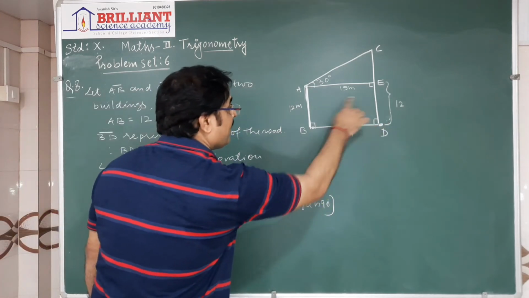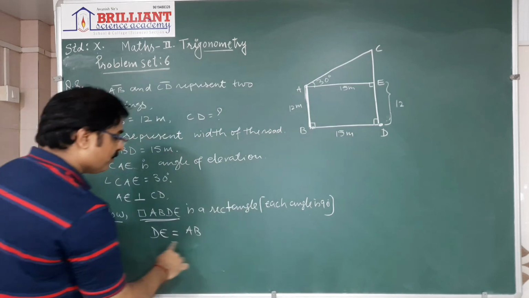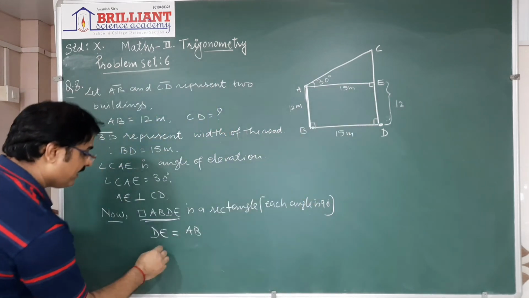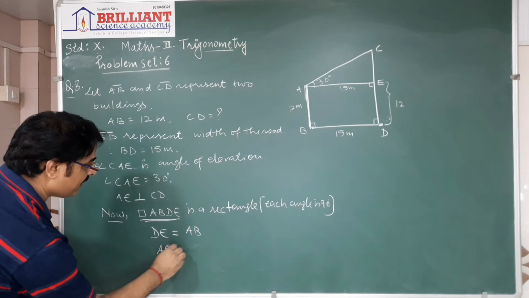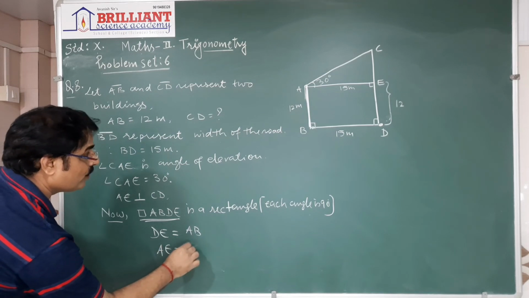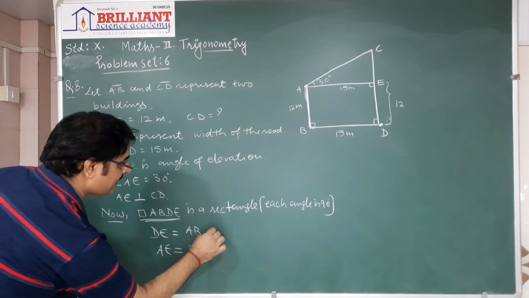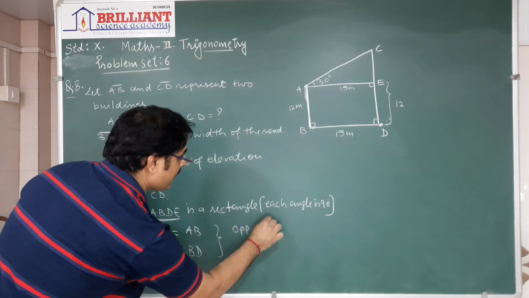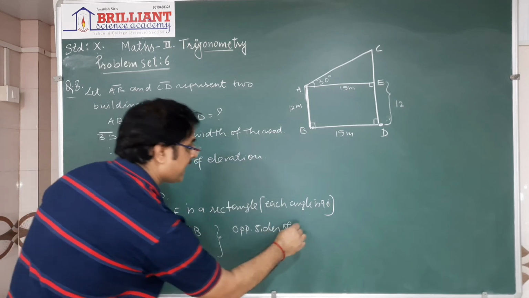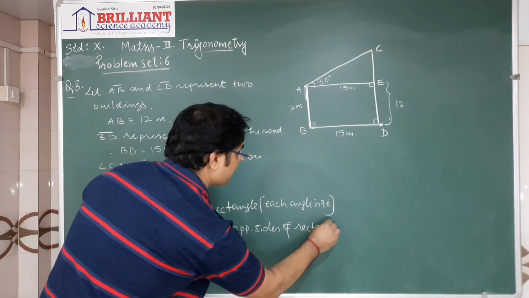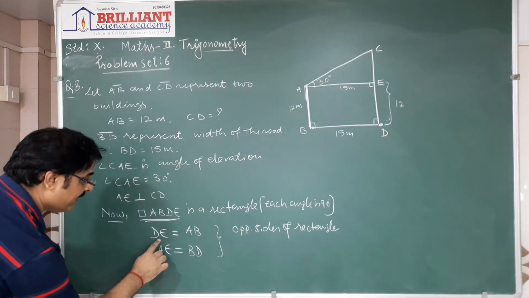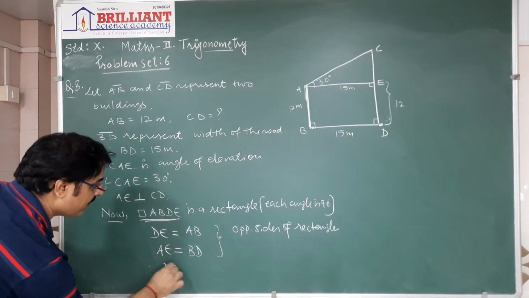This DE, its opposite side is AB, both the sides are equal, and also AE is equal to BD. क्या रीजन लिखेंगे इसका, opposite sides of rectangle. These sides are opposite sides of rectangle. Now DE is equal to AB.